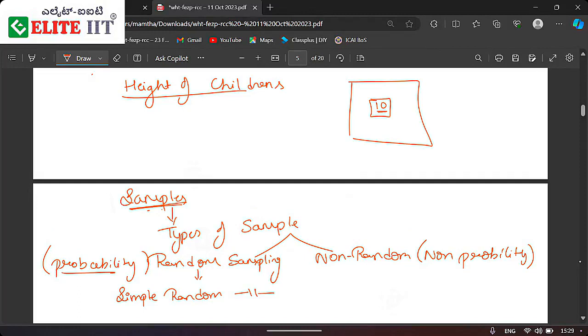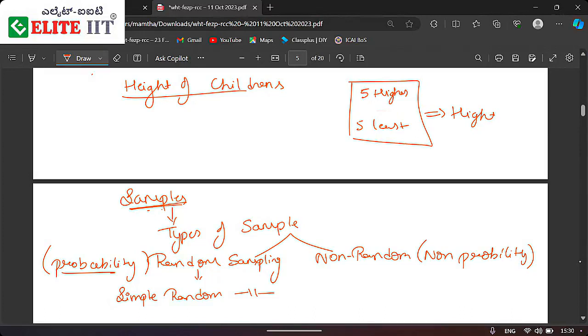When it comes to non-random sampling, the researcher will have some pre-assumed judgment or pre-assumed standards, and based on this, the data will be collected. Now, I might ask you to go and bring the 5 tallest and 5 shortest students. Therefore, not every single person has an equal opportunity to be selected as a sample.